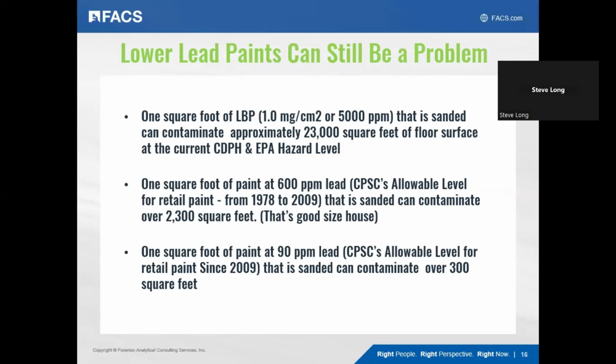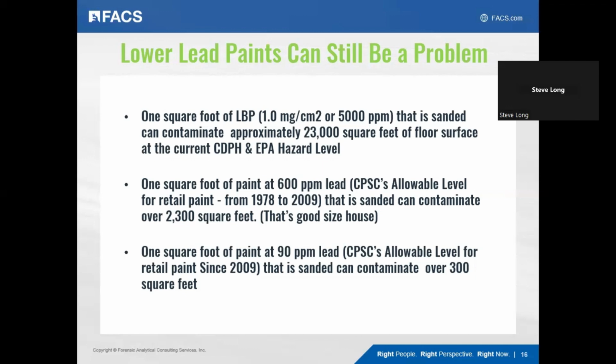Now, although lead-based paint is defined as at or above 1.0 milligram per square centimeter, or 5,000 parts per million, that's not to say that lower levels of lead in paint can't still be a problem. So it is still important to use good work practices, even when we have these newer paints that have less lead.